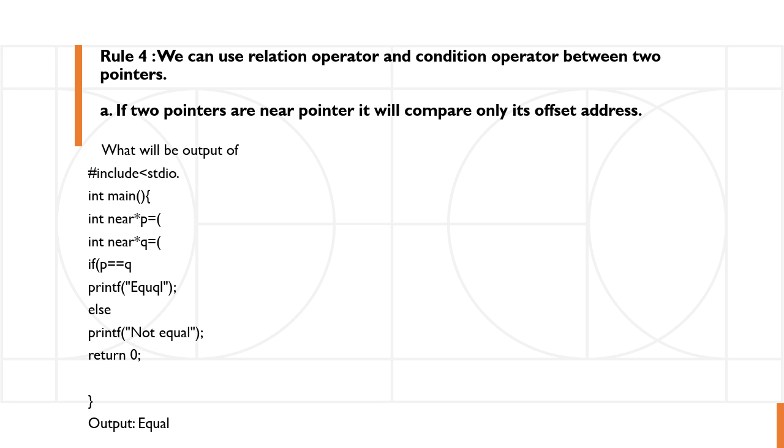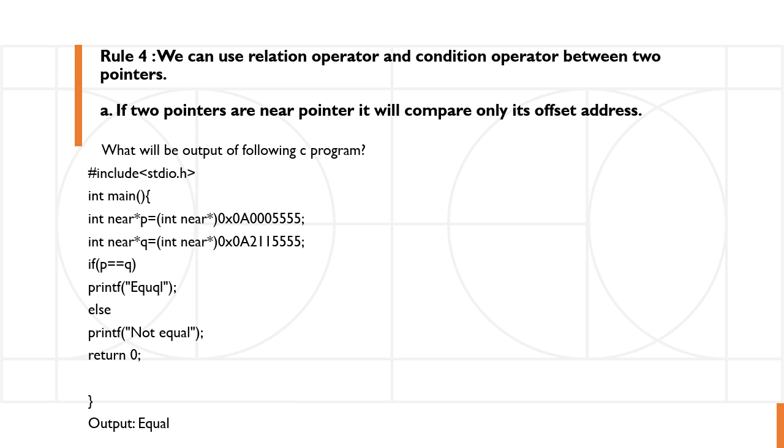Okay, let's check with this program. We'll see what the output would be. Integer near pointer p equal to some address, and integer pointer q equal to some address. If p double equals q, printf equal, else printf not equal.